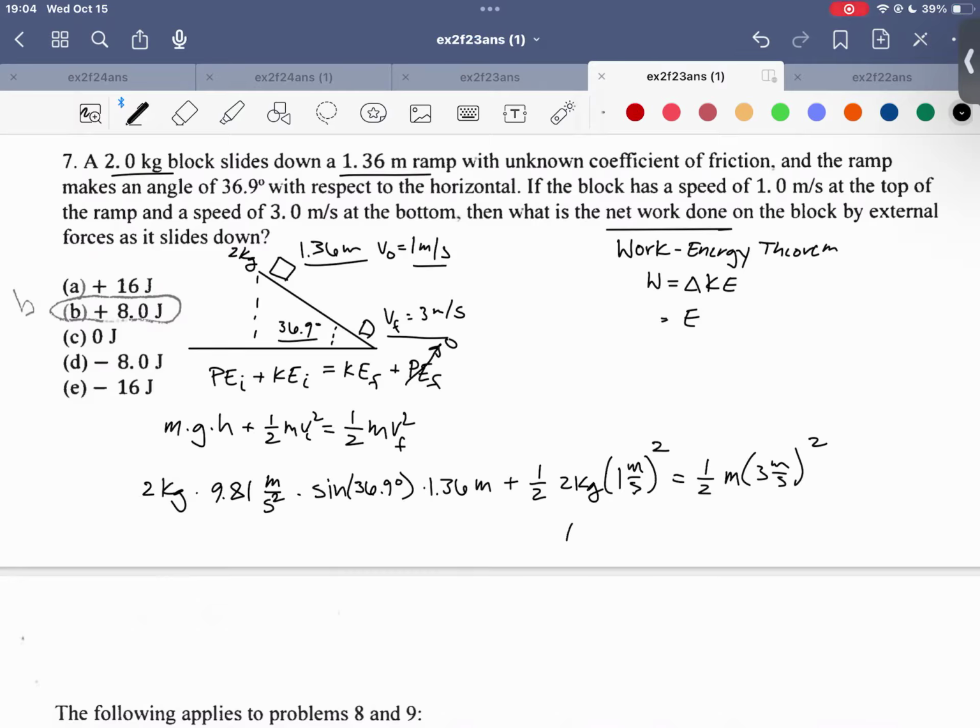We get 17.02 joules on the left, and we get 9 joules on this side. Between these two, our change in energy is 8 joules.